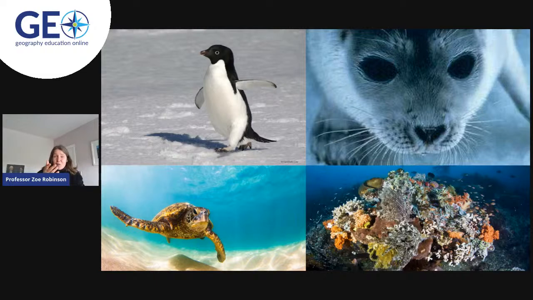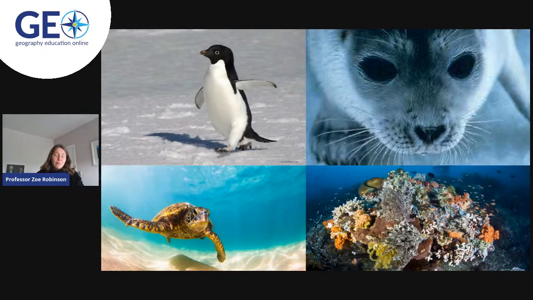In Svalbard, I can't remember these seals, there were almost no pups born in 2006 and 2007, which was the first time that the fjords didn't freeze in recorded history. Bottom right, we see corals, staghorn corals here. We have already seen a 98% decline in parts of the Caribbean since 1980.